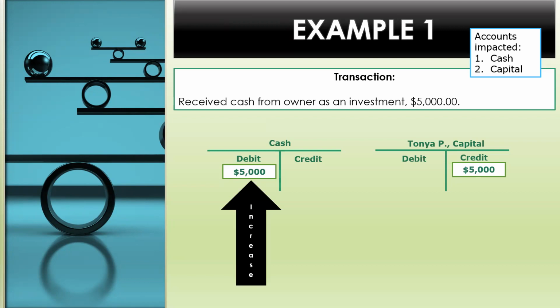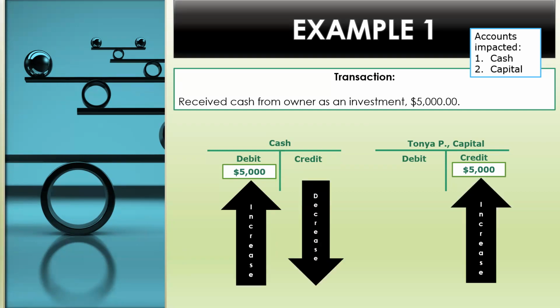This will be a debit to cash in the amount of $5,000, which will increase the cash account. And this business transaction will also include a credit because every transaction has a debit and a credit. The credit is to the capital account in the same amount of $5,000. And you can see the credit here will increase the capital account.